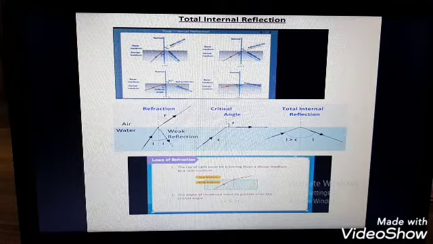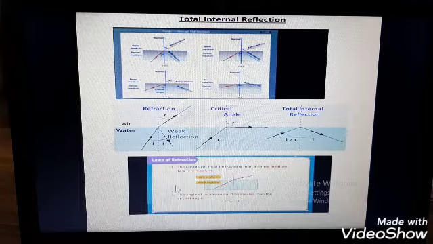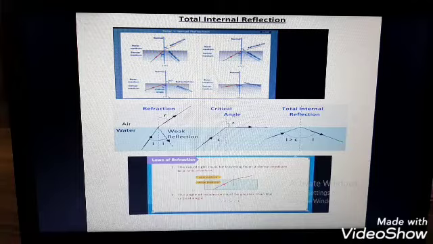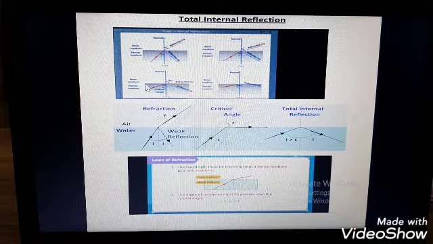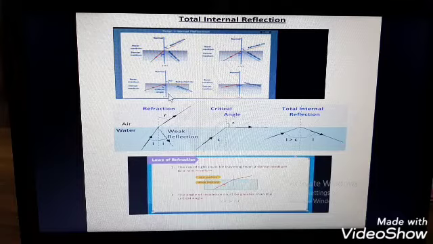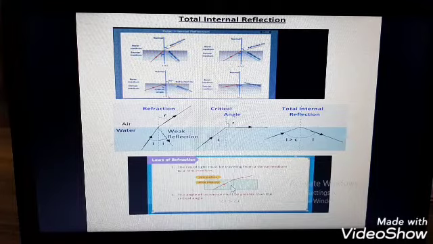Now there are some laws for total internal reflection to occur. The first law: the ray of light must be traveling from a denser medium to a rarer medium, as you can see in the figure, for example water to air, or glass to air. The second law: the angle of incidence must be greater than the critical angle.